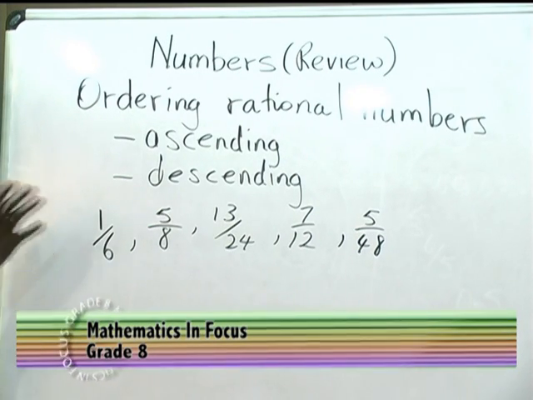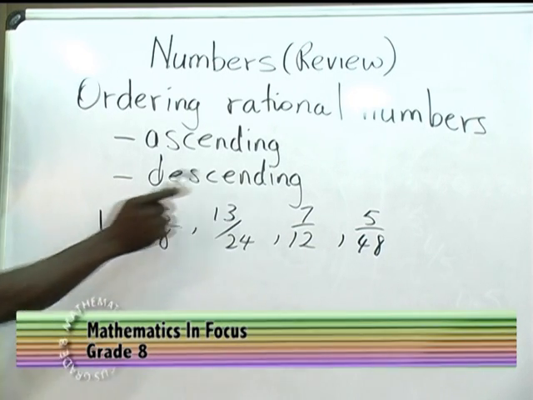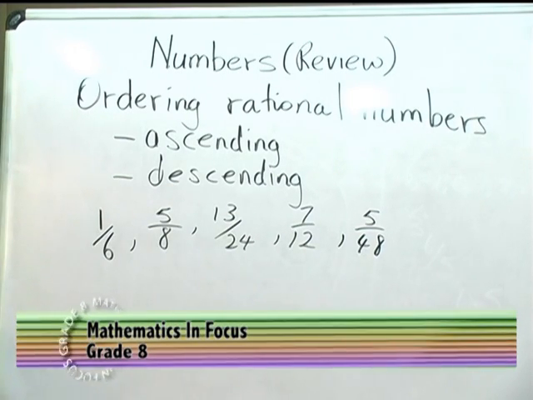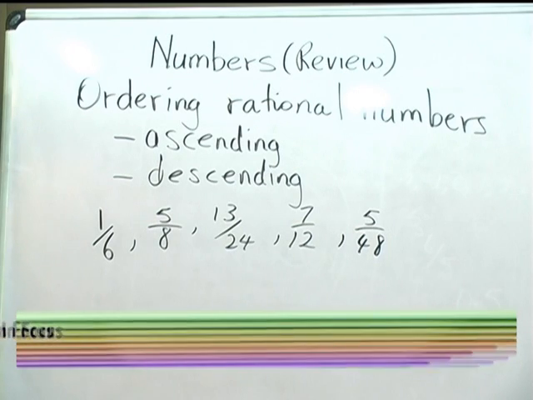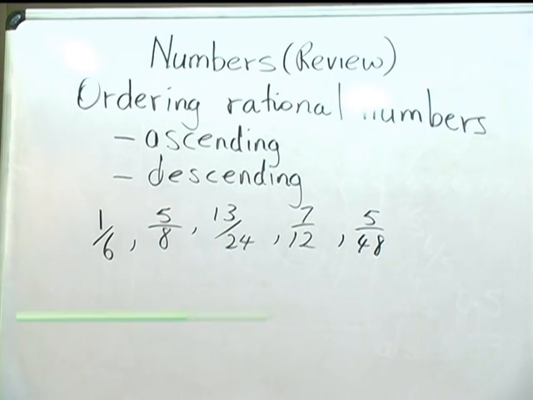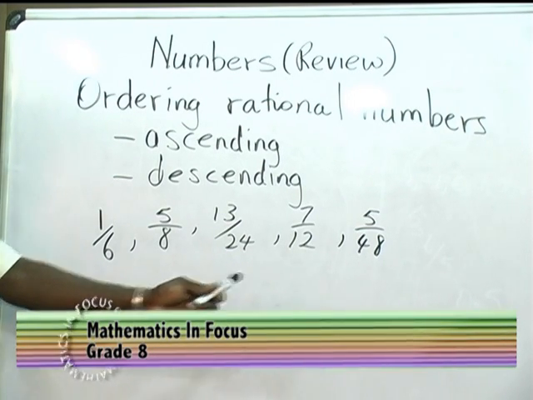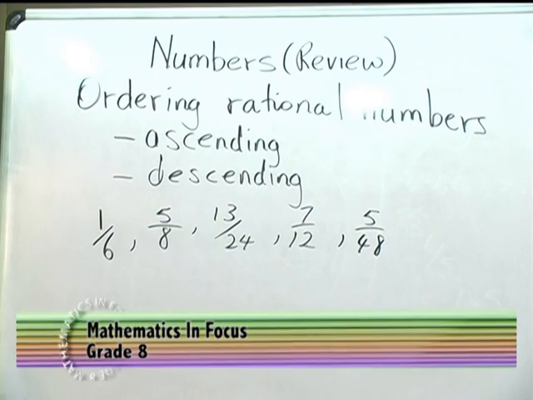For us to order numbers in ascending or descending order, especially if it is fractions like this here, we need to establish the lowest common denominator, or the lowest common multiple of the denominators. Okay, so we examine our denominators.